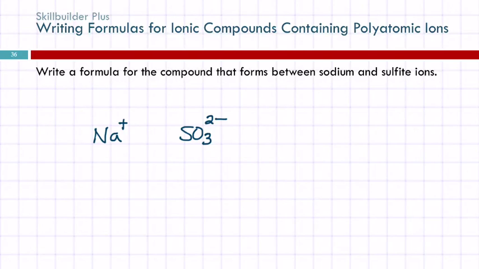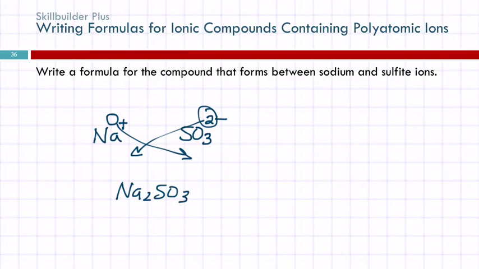Do I need to crisscross with these charges? Yeah. So this unwritten 1 becomes the subscript for the sulfite, and the 2 becomes the subscript for the sodium, and I get Na2SO3. And again, I don't need parentheses because there's only 1 sulfite.